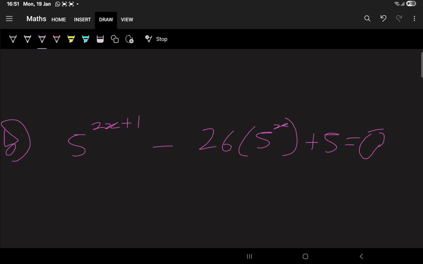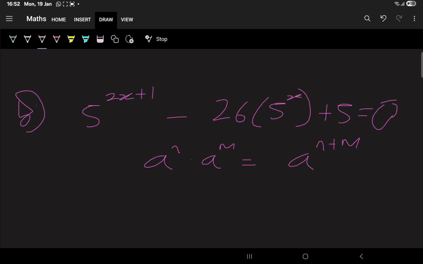Now, the law of indices I want you to recall here is the multiplication law. If you have e raised to the power of n times e raised to the power of m, this is going to be e raised to the power of n plus m. Now, over here, we can see a similar pattern.